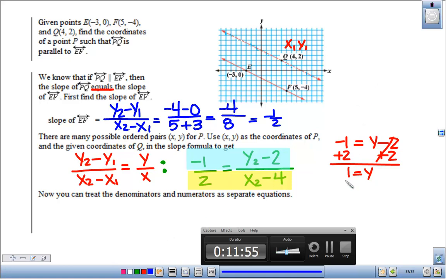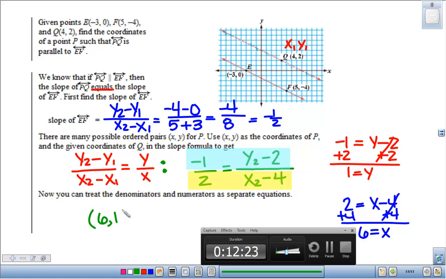In the bottom, I have 2 equals x minus 4. If I move the 4 over by adding, that leaves me 4 and 2 is 6. So x is 6. So one of my possible points for P would be an x value of 6 and a y value of 1. That would be written as (6, 1). So that's a possible location for point P.